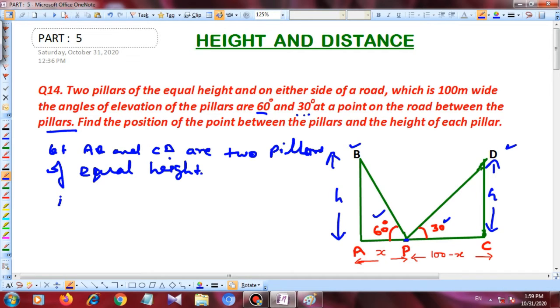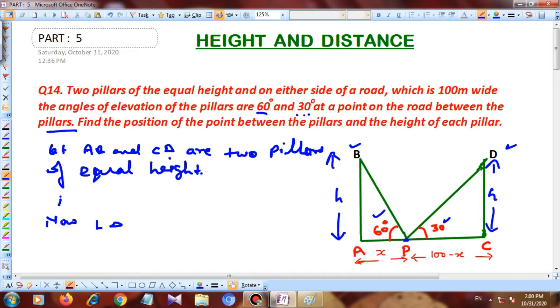Now the elevations of the tops of the pillars at P are 60 degrees and 30 degrees respectively. Write yourself.